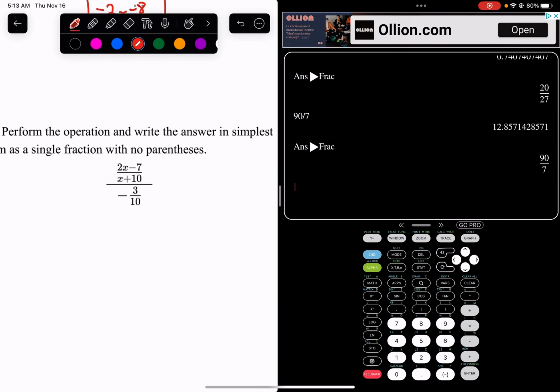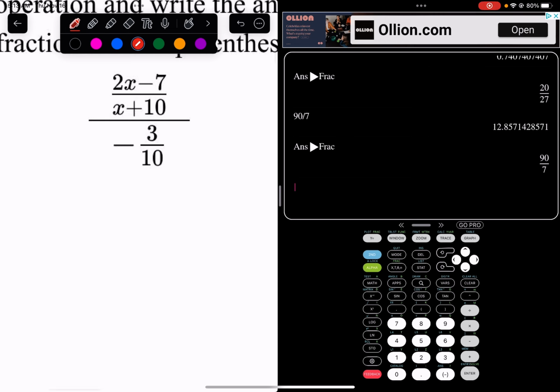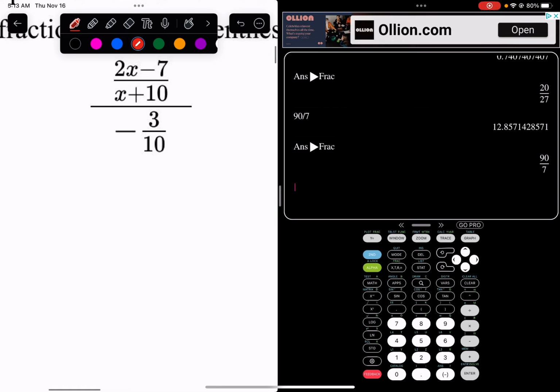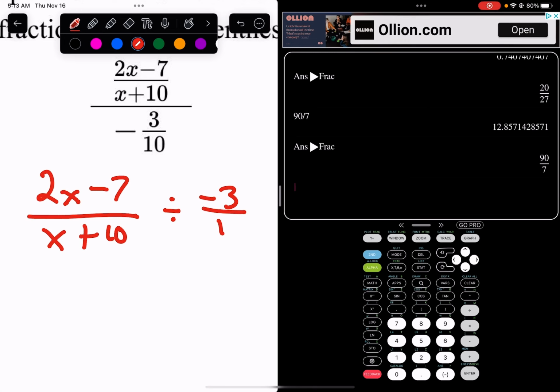All right, now this one, I know this probably freaks everyone out because it looks scary, but really fractions are just like division. So we can imagine this as 2x minus 7 all over x plus 10 divided by -3 over 10. Okay, you just divide it.